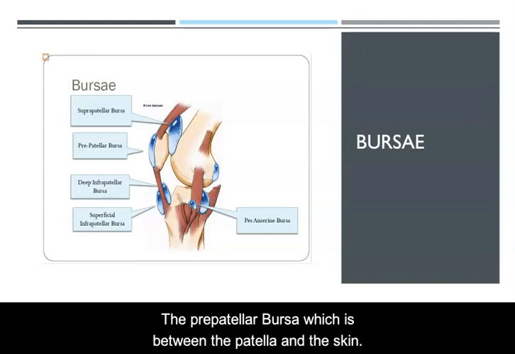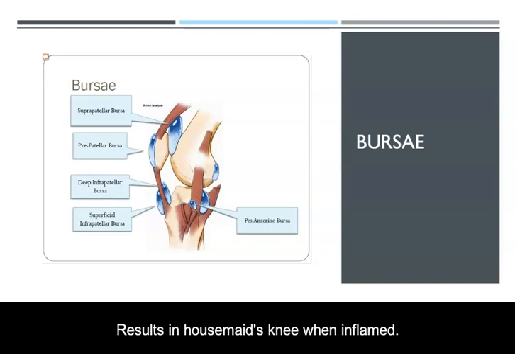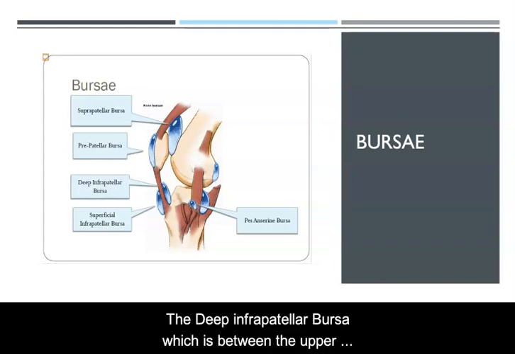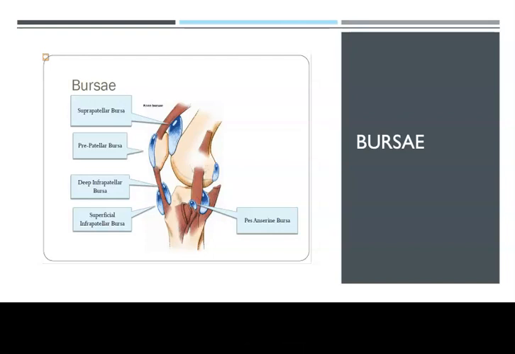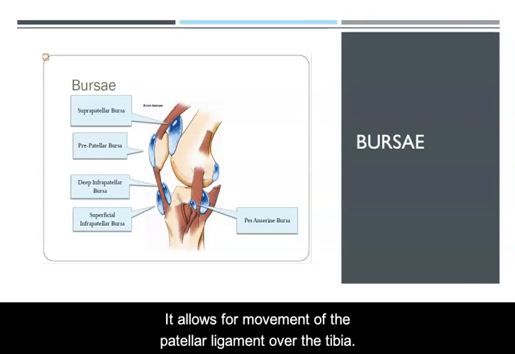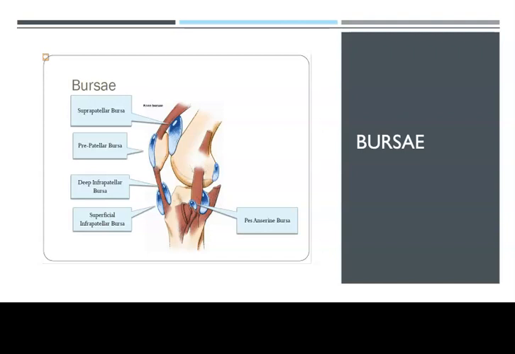The prepatellar bursa, which is between the patella and the skin, results in housemaid's knee when inflamed. It also allows movement of the skin over the underlying patella. The deep infrapatellar bursa, which is between the upper part of the tibia and the patellar ligament, allows for movement of the patellar ligament over the tibia.